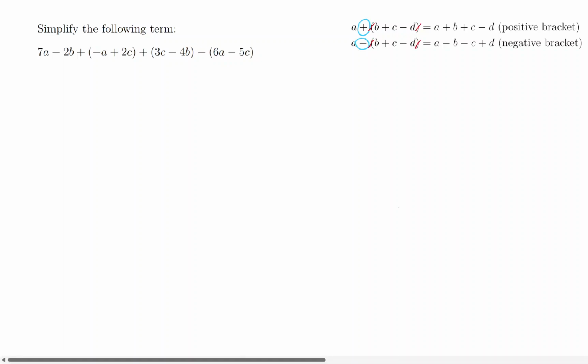But we also throw away the sign, so we throw away the negative sign. And after that, we have to change all the signs inside of the bracket. So we have to change the sign in front of the B. What sign is in front of the B? Well, there's no sign written, but if there's no sign, it means positive.